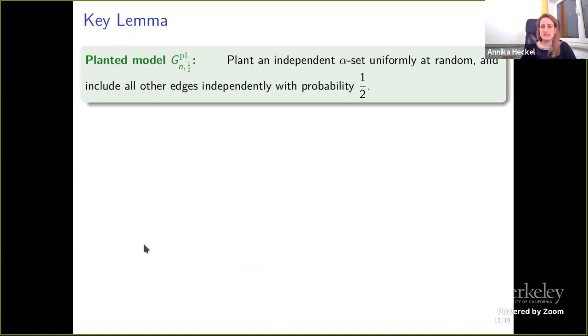Now to show this, it's cleaner to look at the effect of planting just a single alpha set. This is what we call the planted model. Here we plant a single independent alpha set uniformly at random from all sets of size alpha, and everything else is just a normal G(n',1/2).